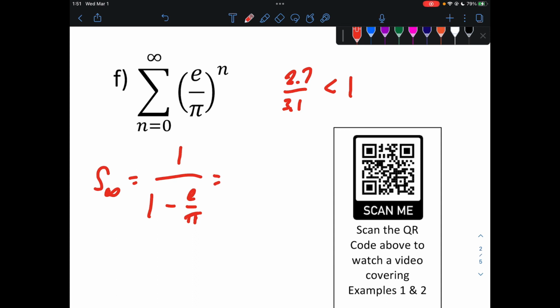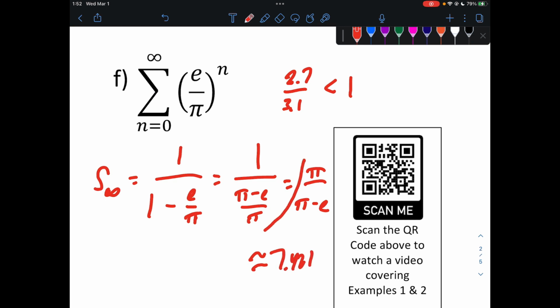That would be 1 over pi minus e over pi, which is pi over pi minus e. And if you type that into your calculator, 7.421. So either of those would be correct.